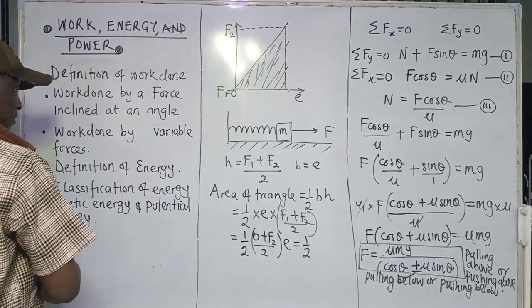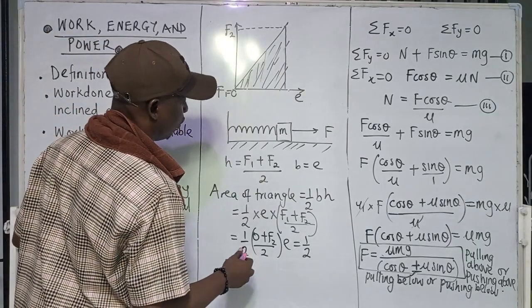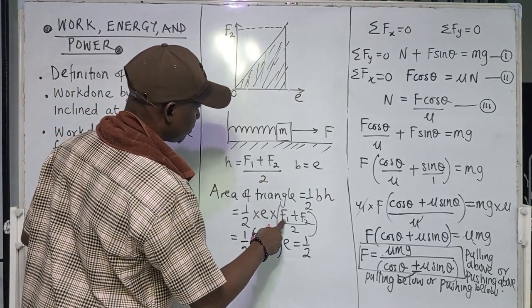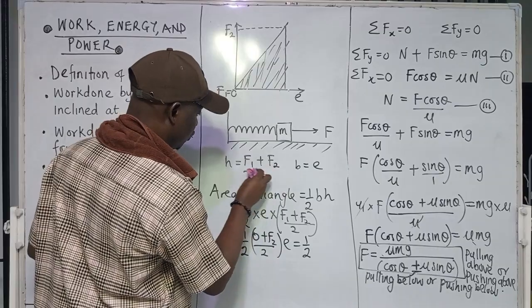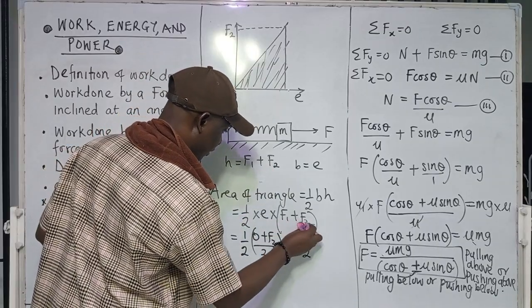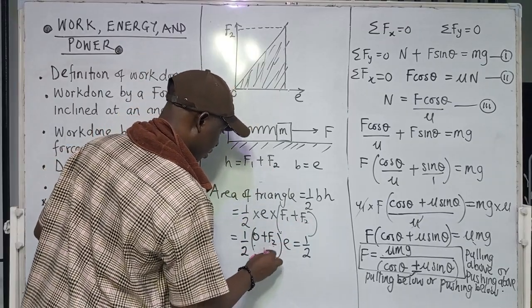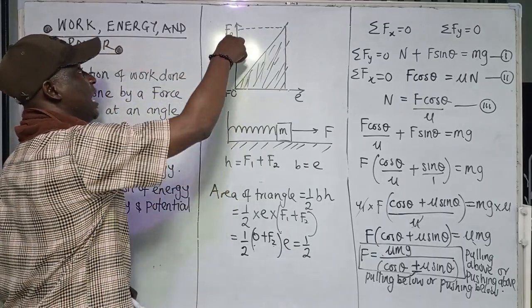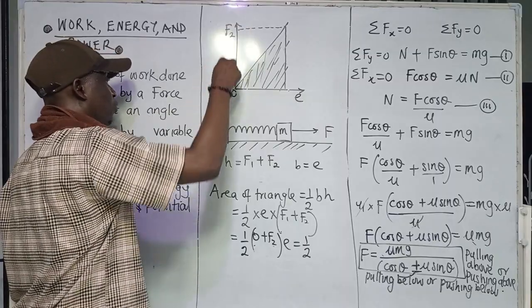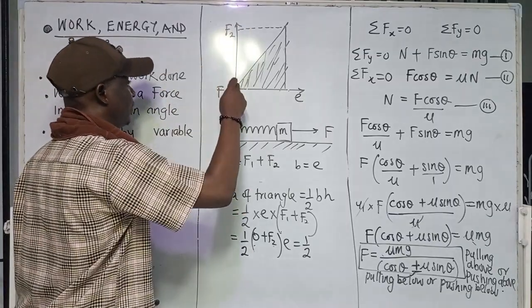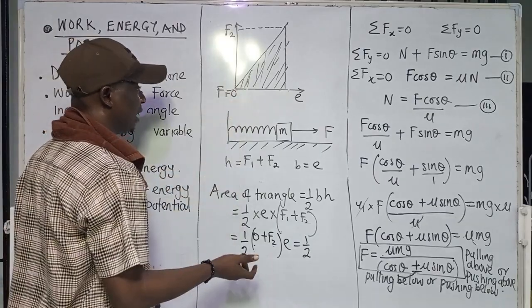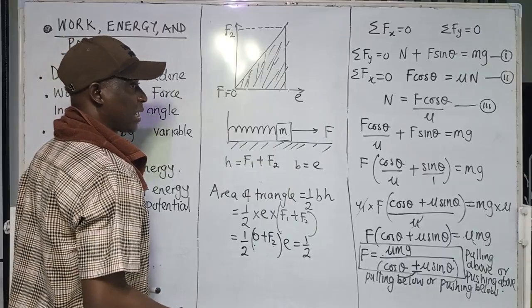If I'm using the area, I'll use half times base. Sorry, I will not use over 2 again. The height is from here to this place, which is this plus this, or some people will say this minus this, because this one is starting from 0 now. That's why it does not count.